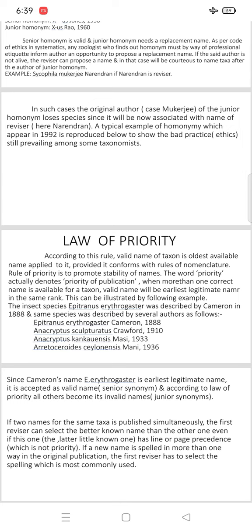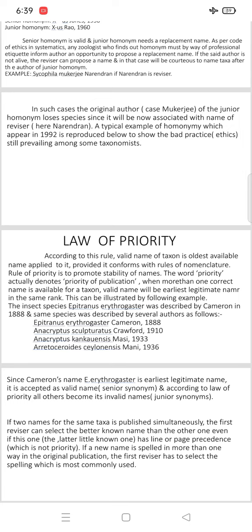What is meant by law of priority? The valid name of a taxon is the oldest available name applied to it, provided it conforms with the rules of nomenclature.